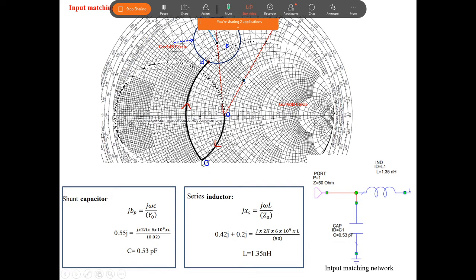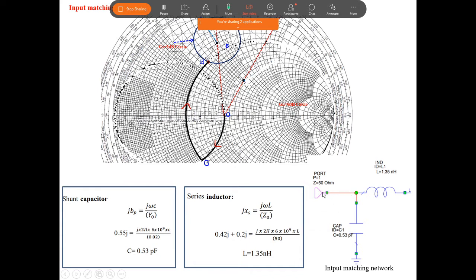Similarly, after reaching this point, we moved like this on the constant resistance circle, starting from here to here. That is moving on the resistance circle in the clockwise direction, as an inductor in series. So we started from the load input here.